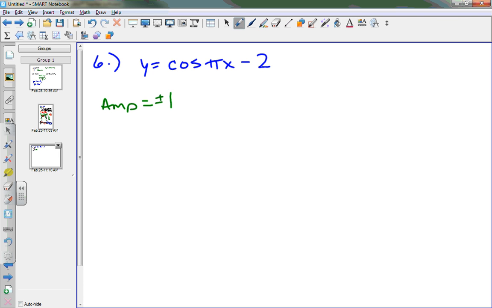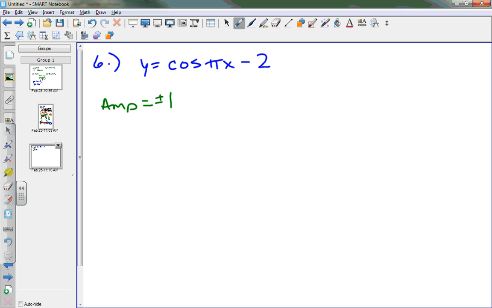Because I know my positive amp is 1 unit, and my negative amp would be negative 1 unit. That all is going to be contingent upon what? My max, level, and min change based upon what 2 variables? There's 2 things that change your max, level, and min: your C, which is your vertical shift, and your amp, which is your A.